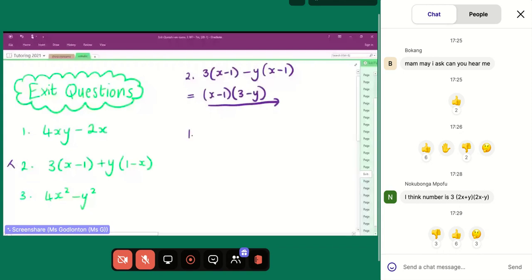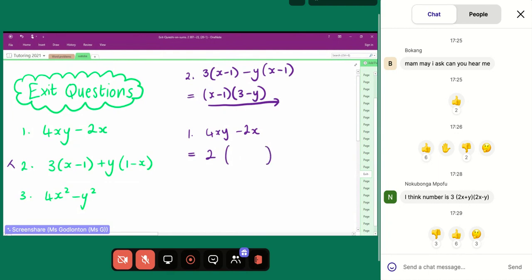Okay, great. Talk me through number 1. So you take 4xy minus 2x. You turn the 4 into a 2 because of the common. So I can take 2 out as a common factor. Yes, ma'am. You take the 2 and turn it into a 1 inside of the sum. So what am I going to have outside of my bracket and what am I going to have inside of my bracket?